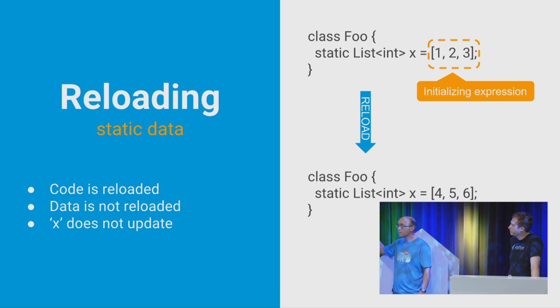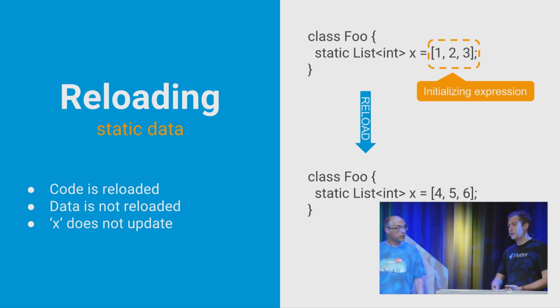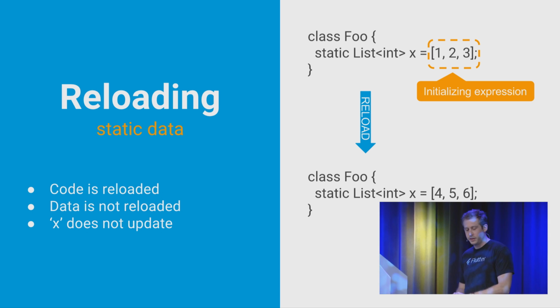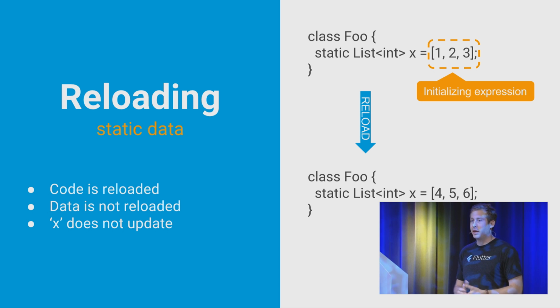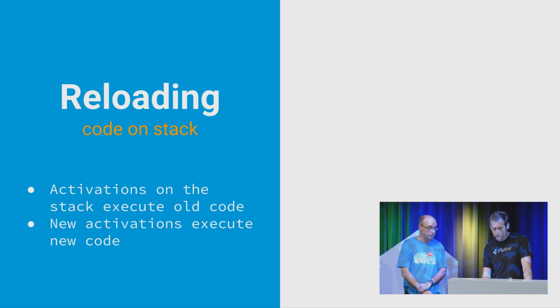So if we did it once before a reload, it would be 1, 2, 3. But if you reloaded first and then accessed X, you would get 4, 5, 6 as the initial value. And the key takeaway here is that code is reloaded, but data isn't. So X does not automatically update, but luckily you have a debugger, and you can just go into the debugger and change X to be whatever you want. Yeah, basically you keep your heap across reloads. So whatever's there is there.